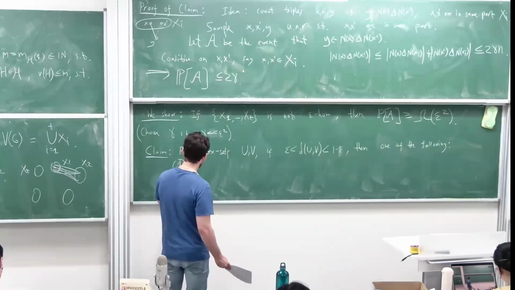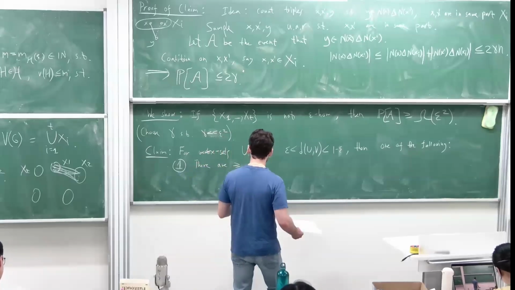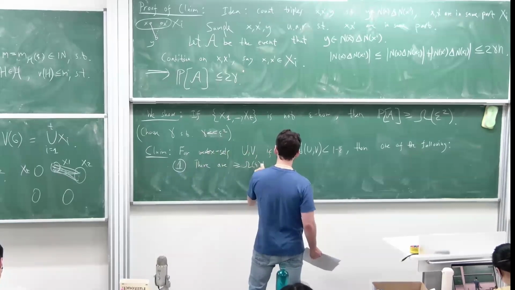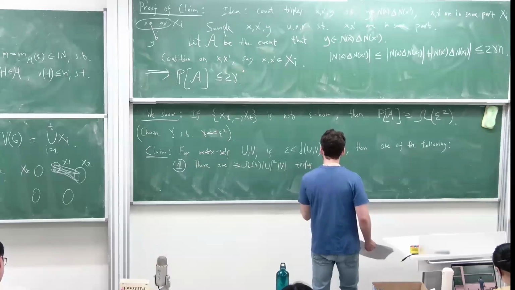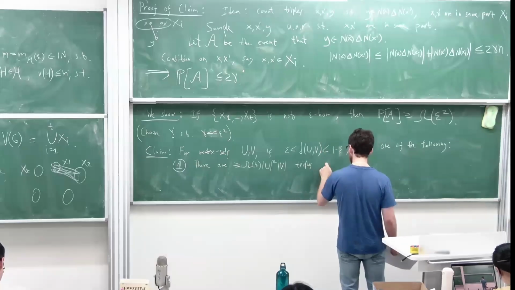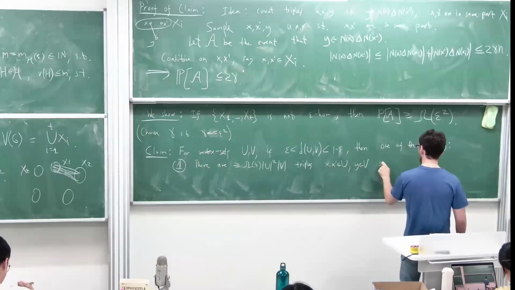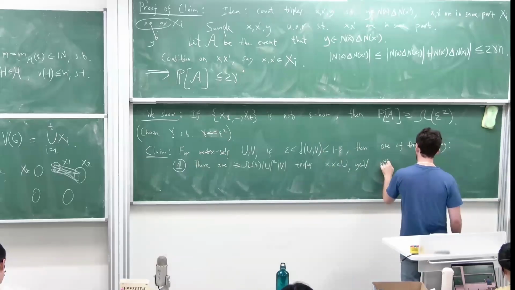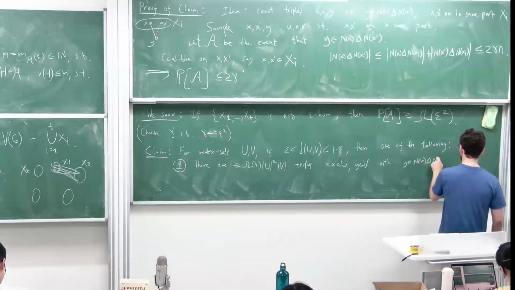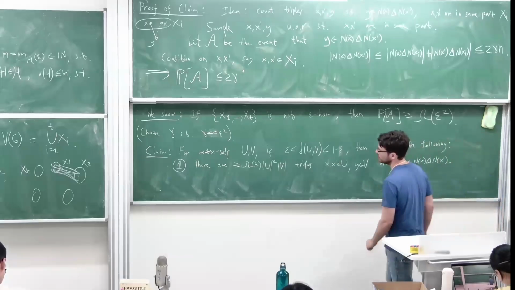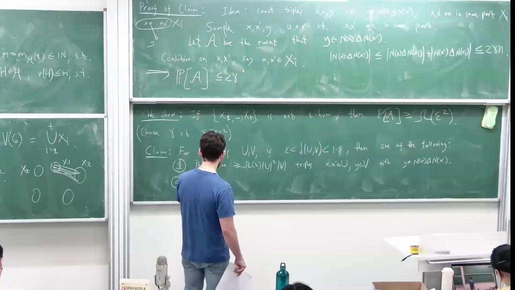Either there are at least omega of epsilon |U| squared |V| triples x, x prime in U and y in V with y in the symmetric difference of the neighborhoods, or the same thing holds with the roles of U and V switched.